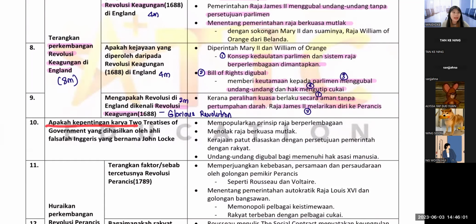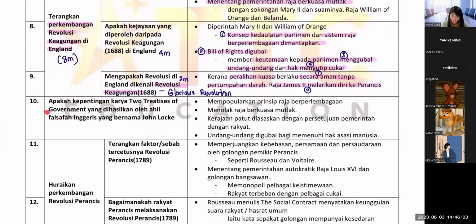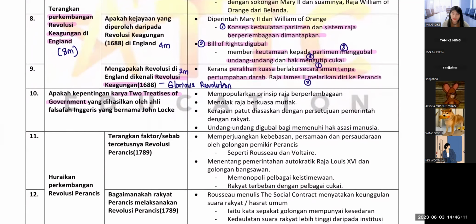Okay, apakah kepentingan Kaya 2 treaties government yang dihasilkan? The 2 Treaties of Government, this one is a famous objective question lah. But it may also come out where it's written by John Locke. He talks about prinsip Raja Berperlembagaan. He rejected king with absolute power.